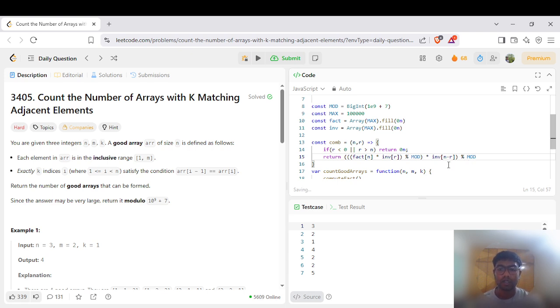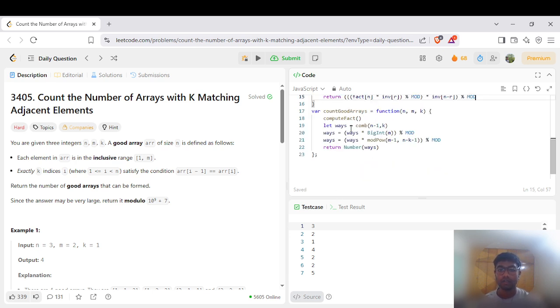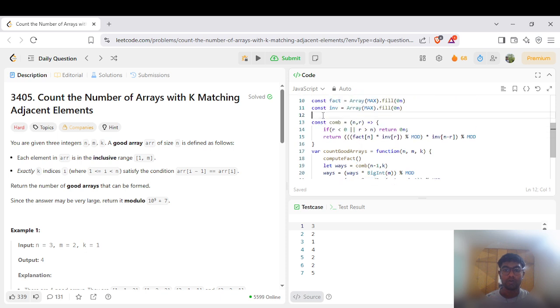Okay, this helps us calculate nCr, and we can send in values accordingly as we are sending here. And the next function will be calculation of mod power.